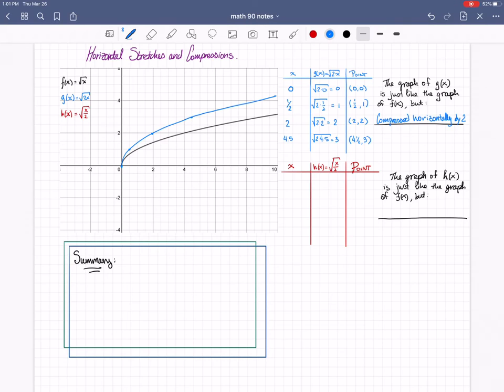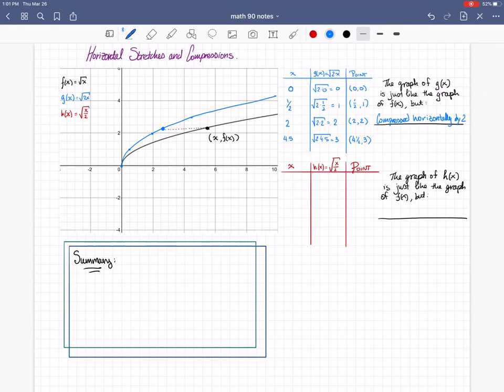Okay, so the way that I'm going to illustrate this is I'm going to pick some random point on the graph of f. So let's take this one. Let's call it x, f of x. And then we'll go sideways. So there's the blue point that black point got transformed to. And what I hope you all can see here is that the blue and the black point have exactly the same y-coordinate.